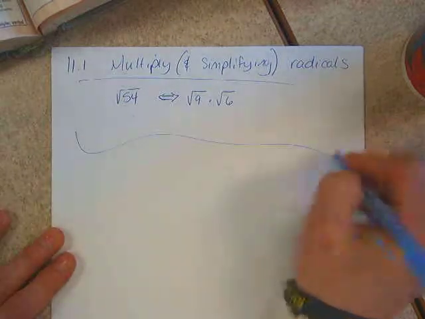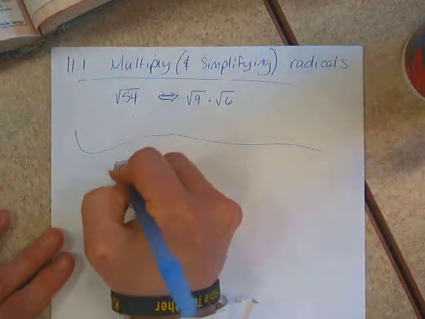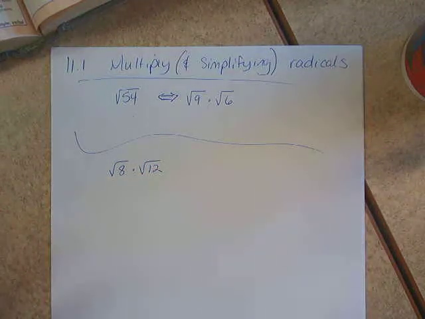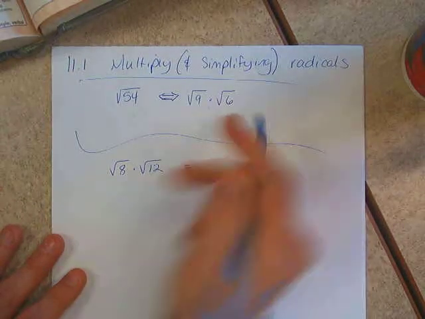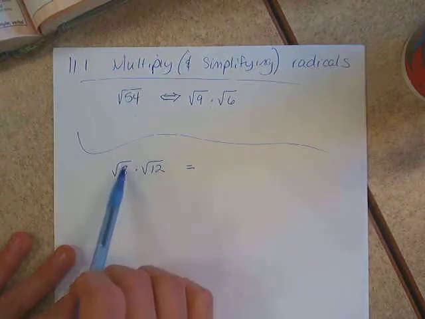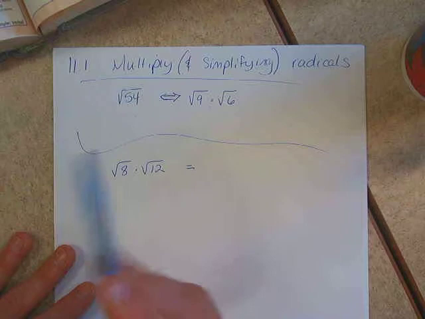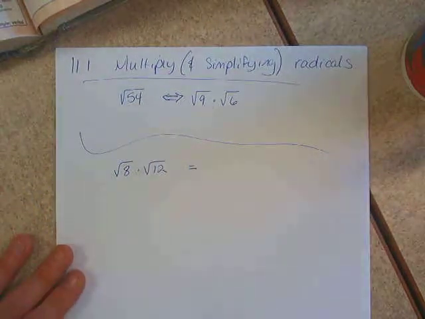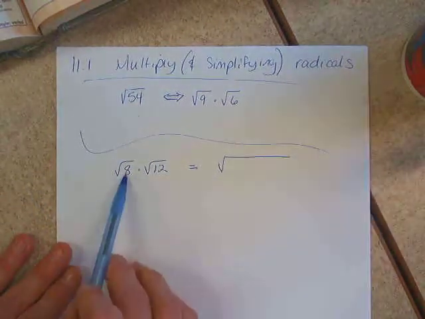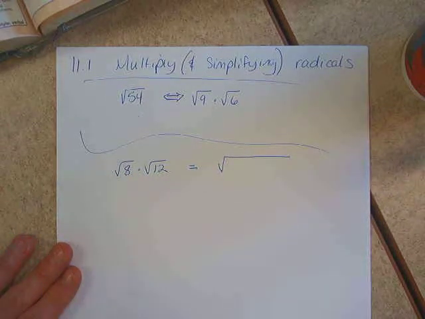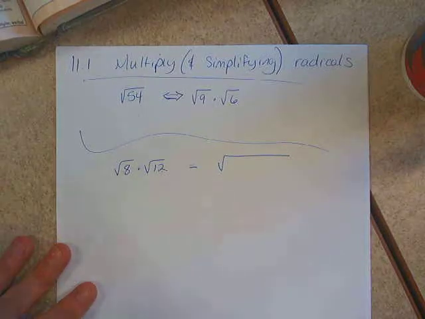Okay, so what that means is if we have the square root of 8 times the square root of 12, so we're performing multiplication on those radicals, then rather than simplifying each of these separately and then worrying about the multiplication because it might simplify again, what we're going to do is put the factors of 8 and 12 under the same bar.